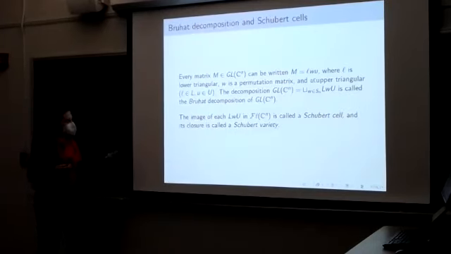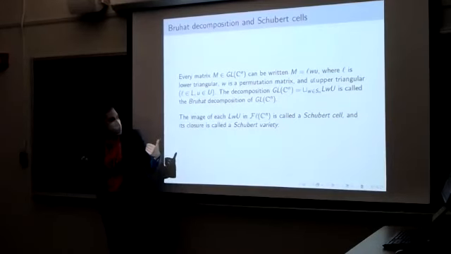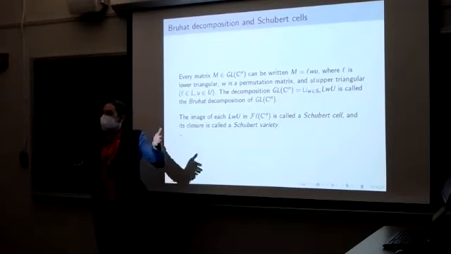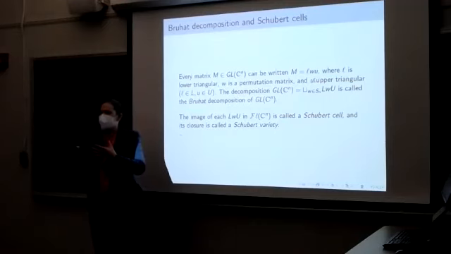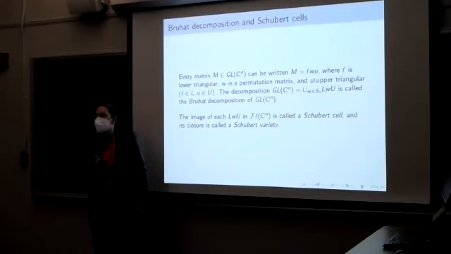So a fact is that GL_n can be broken down into lower triangular, possibly times a permutation matrix times an upper triangular matrix. So maybe we remember this from linear algebra class as an LU decomposition, but maybe we have to throw a permutation matrix in the middle if we have something like 0, 1, 1, 0.